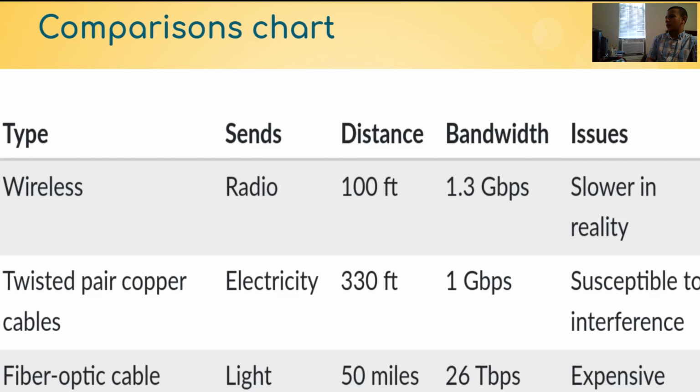It's quite a lot more than wireless and copper wire combined. But the issue with these is that they're really, really expensive and really hard to pay for. And so you have nation states that will pay for them to put them across the oceans. And they're mostly used for transmitting things over oceans.